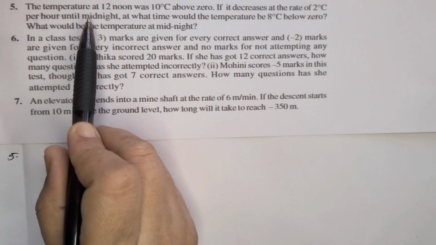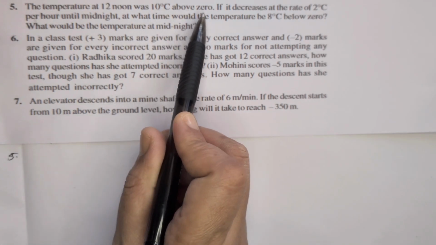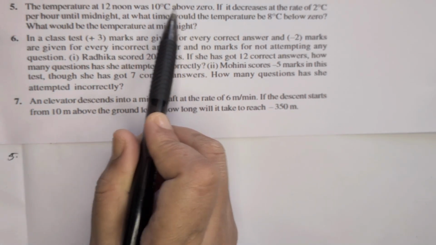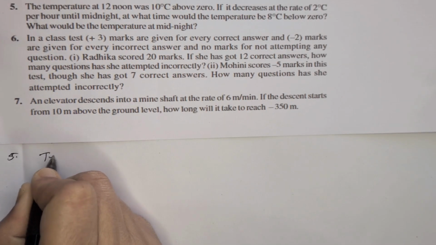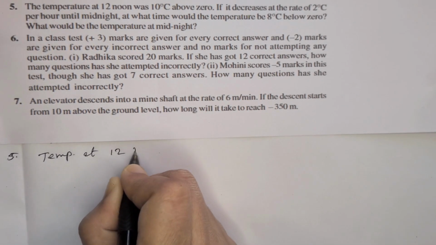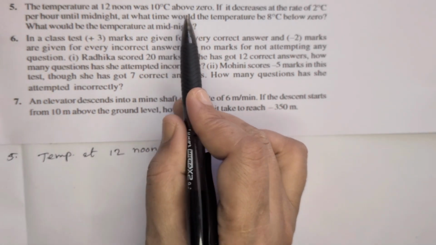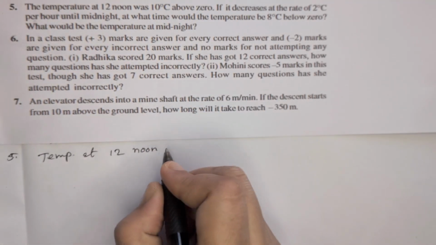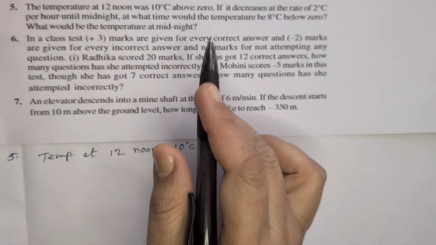Fifth question. The temperature at 12 noon was 10 degrees Celsius above 0. Above 0, that means we can take as plus 10 degrees Celsius. Temperature at 12 noon is equal to 10 degrees Celsius above 0. That we can consider as positive 10 degree Celsius.